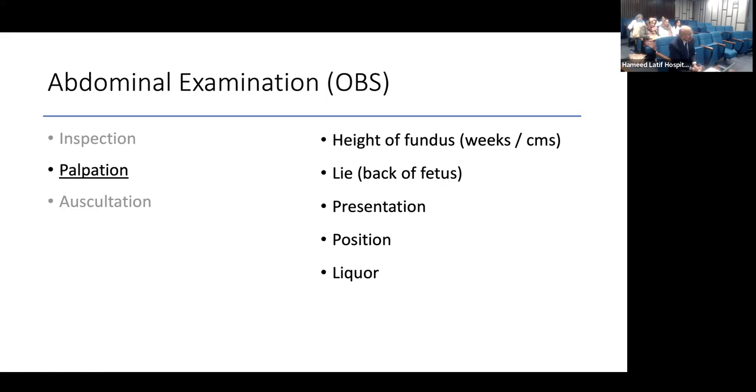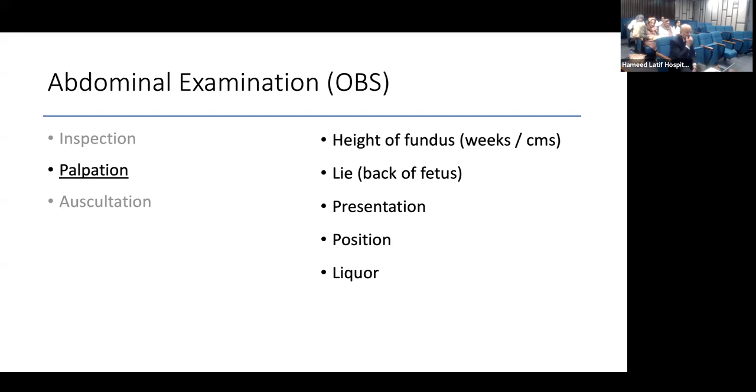On palpation, height of fundus in terms of weeks or centimeters. How to do that? Please do learn that, how to put that tape measure on the abdomen, which end would be placed at the pubic symphysis and which end would go on to the top. Lie of the fetus, and also make a mention of what is your impression on which side the back of the fetus is.